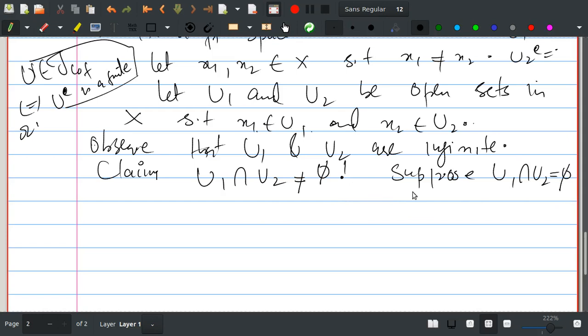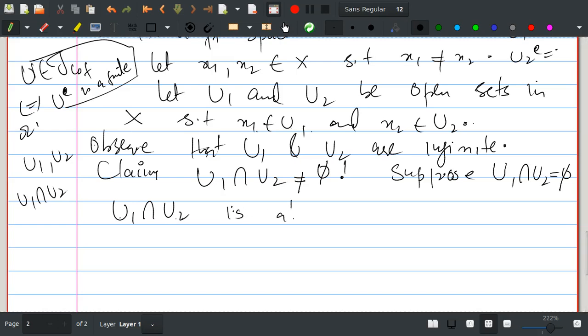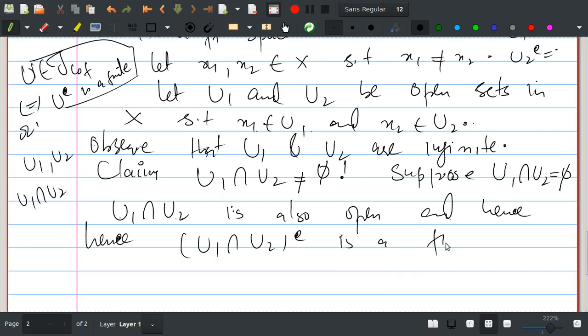Suppose this is empty. What does that mean? Now U1 and U2 being open sets, their intersection is also an open set. So U1 intersection U2 is also open, and hence its complement is a finite set.